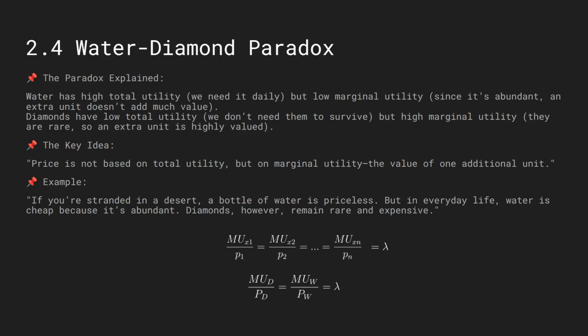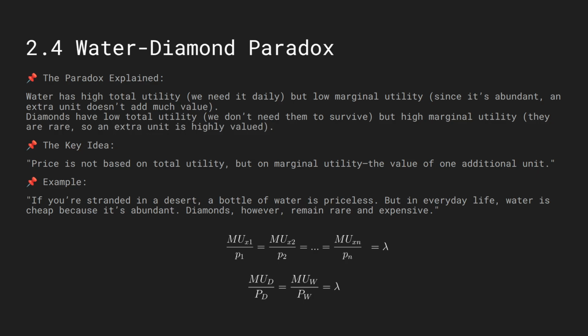It's a constant. Now the marginal utility of water is low, so the price of water is low.